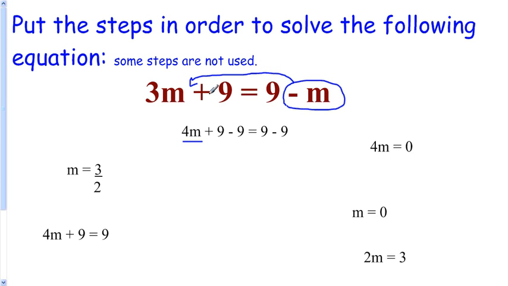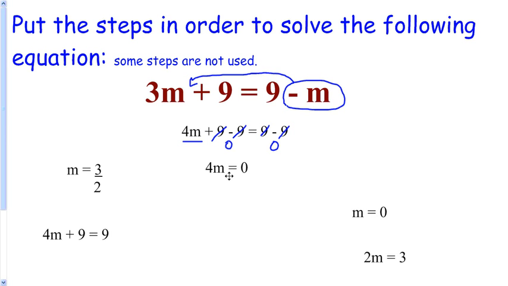Then we need to get rid of the 9, so we get 9 minus 9, but whatever we do to that side, we have to do to the other side. So we have 9 here minus 9. Then if we cross these ones out, because that will give us 0, and here we'll get 0 as well. So the next step should be 4m is equal to 0. So that's the next step there.